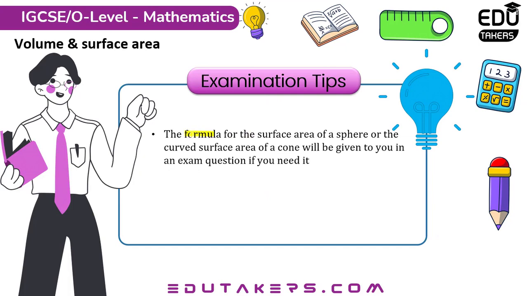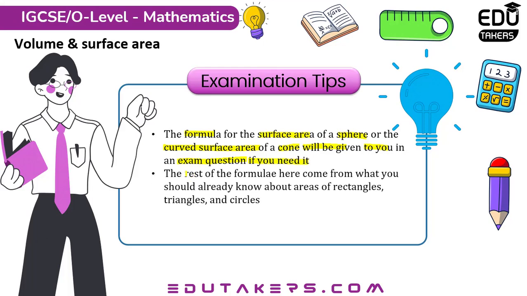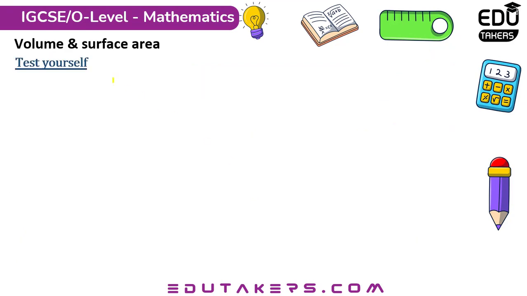The formula for the surface area of a sphere or the curved surface area of a cone will be given to you in an exam question if you need it. The rest of the formulas here come from what you should already know about areas of rectangles, triangles and circles.